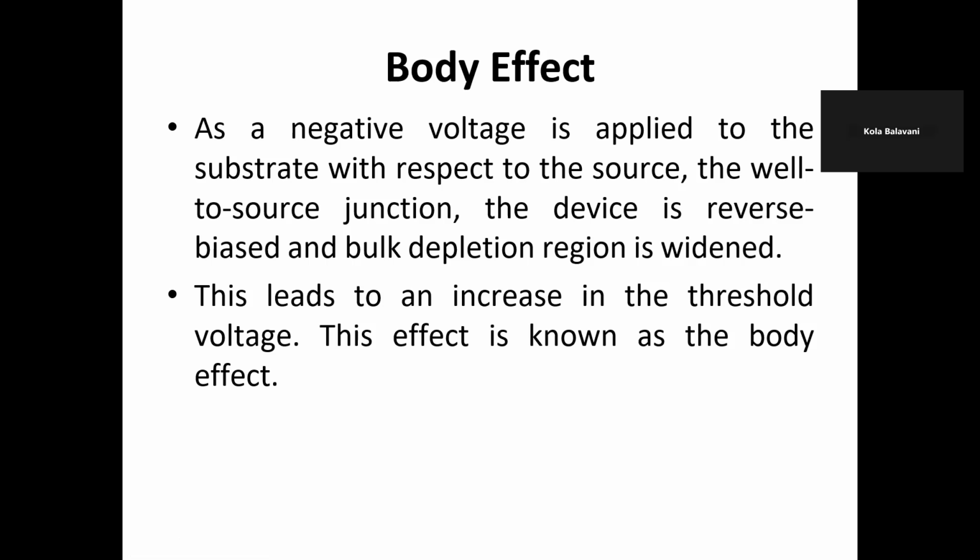If you apply a negative voltage to the p-type substrate, the junction moves into reverse bias, and it widens the depletion region. Whenever the reverse bias is more, the depletion region width is more. This leads to an increase in the threshold voltage. This effect is known as the body effect.